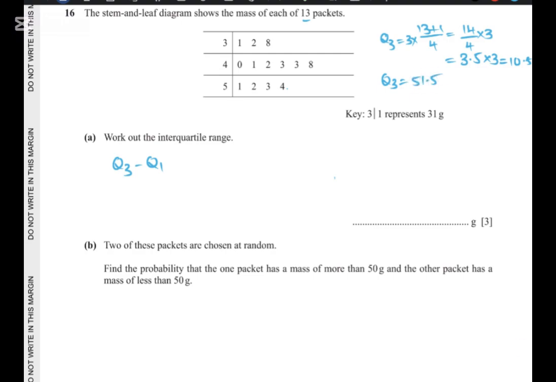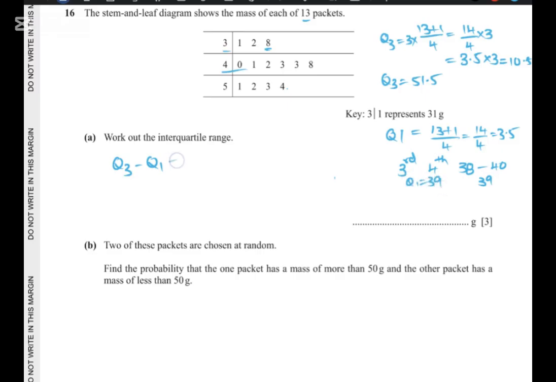Now next we have to find Q1. Q1 will be 13 plus 1 by 4, which is 14 by 4, which is 3.5. Now 3.5 means between the third and fourth observation. The third observation is 38, the fourth is 40. So in between 38 and 40 we have 39. So Q1 is 39.